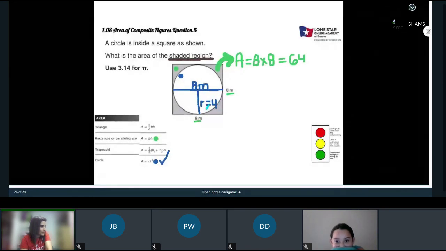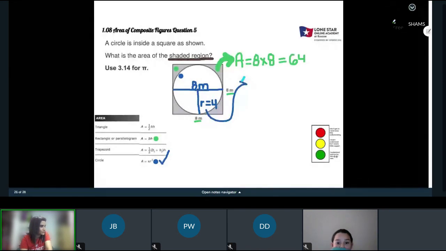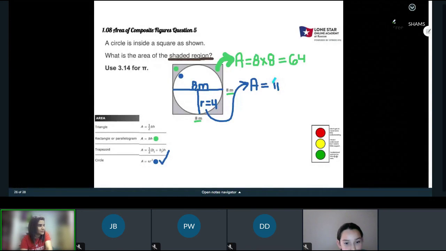So let's go ahead and find area of the circle. Area of the circle says you do pi times radius squared. Okay, radius we just figured out in the picture is 4.